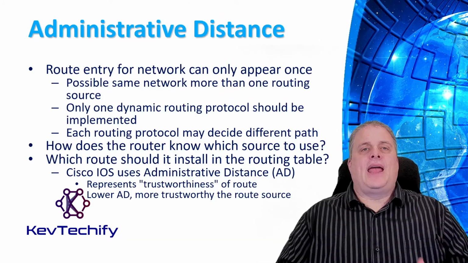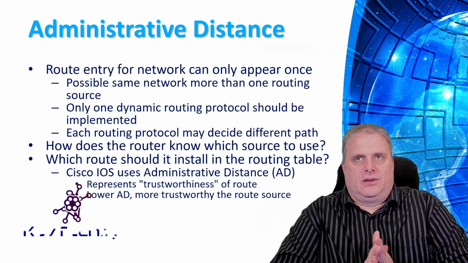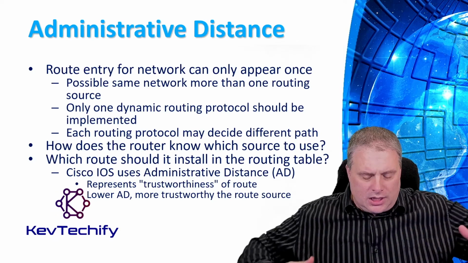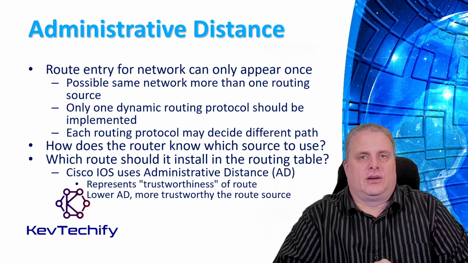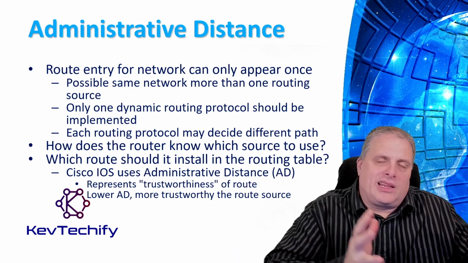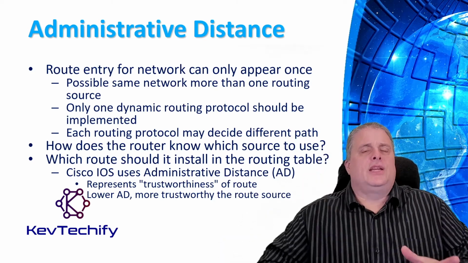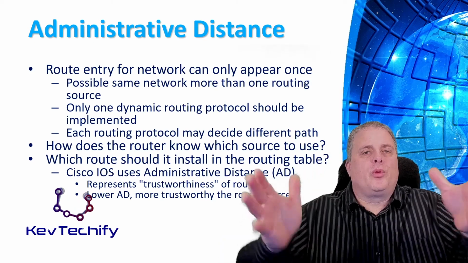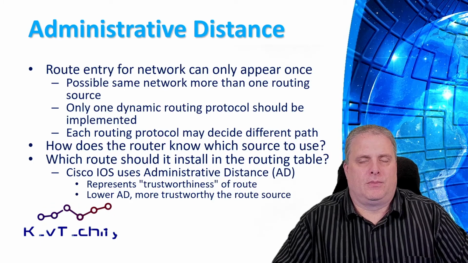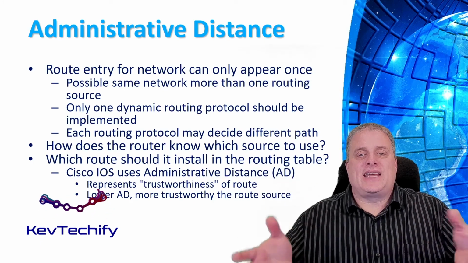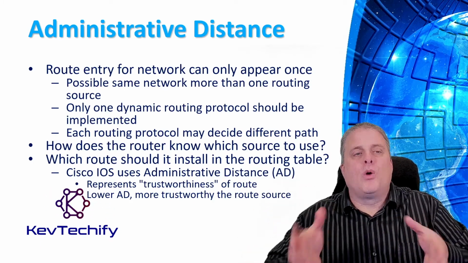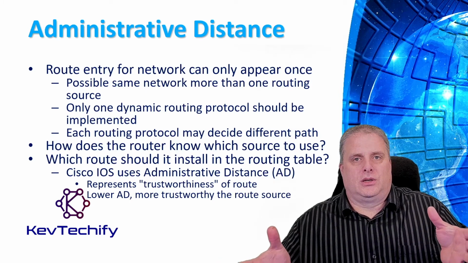Now, the administrative distance shows us what's the best path to get there. Best path depends upon the protocols you're using, but with a network in today's world, you're going to have redundancy. You're going to have multiple paths to the destination. It is possible for the same network to have more than one routing source.